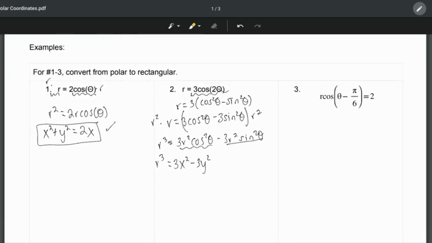So r cubed we want to think of in terms of how we could write it with r squared. So r cubed, in terms of it being a power of r squared, is r squared to some power. And so if we think of this as r cubed equals r to the 2x, then we can set our exponents equal to each other.